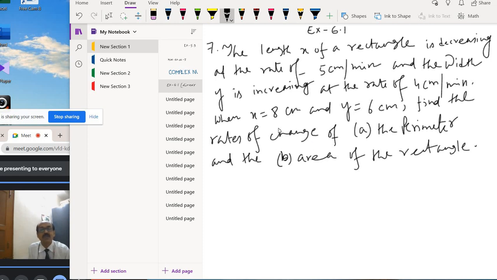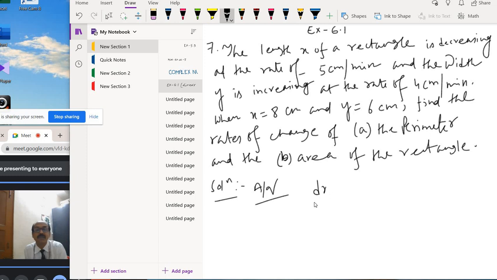Okay, so in this question, it is given the length x of a rectangle is decreasing at the rate of 5 cm per minute. So, solution: according to the question, dx by dt, that is the length x of a rectangle, is decreasing at the rate of 5 cm per minute.